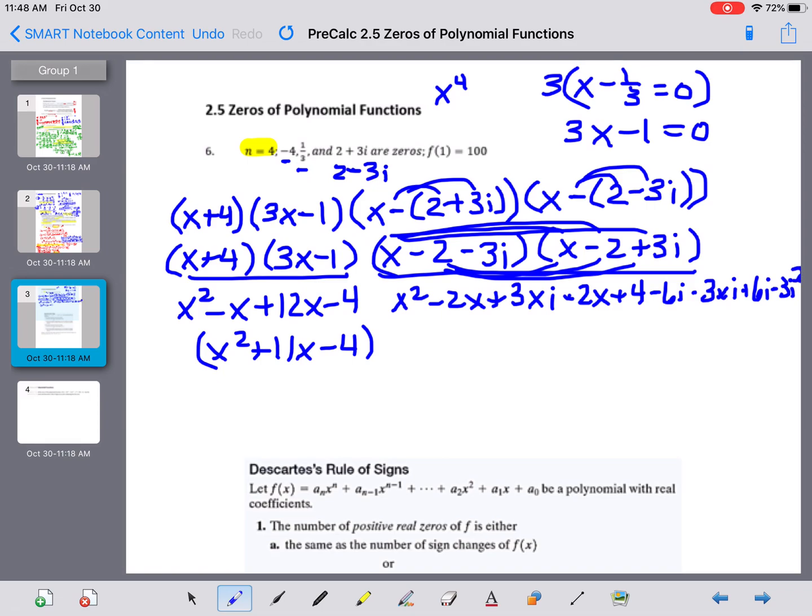Okay, what's a chance somebody's going to be able to read that? So this simplifies to x squared. It's the only one I have. I have a negative 2x and a positive 2x that cancel. I have a positive 3xi and a negative 3xi that cancel. I have a negative 6i and a positive 6i that cancel. Okay, so I have this, no, you're right, I made a mistake.